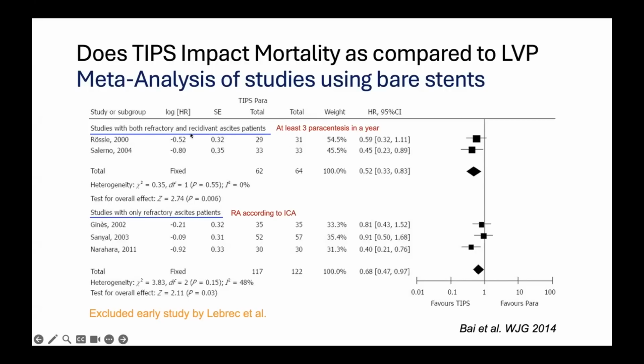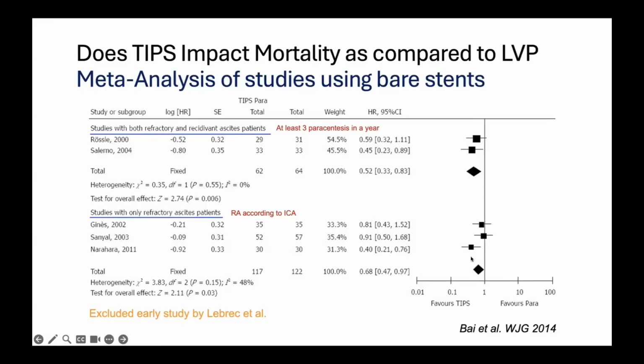The trials that include both refractory and recidivant ascites patients, defined in most cases as at least 3 paracenteses in a year, showed a strong effect on mortality with a hazard ratio of 0.5 in a randomized trial. A hazard ratio of 0.5 in a randomized trial really is an impressive result. And in trials that include patients only with refractory ascites according to the definition by the International Ascites Club, 2 out of 3 trials did not show any effect on mortality.